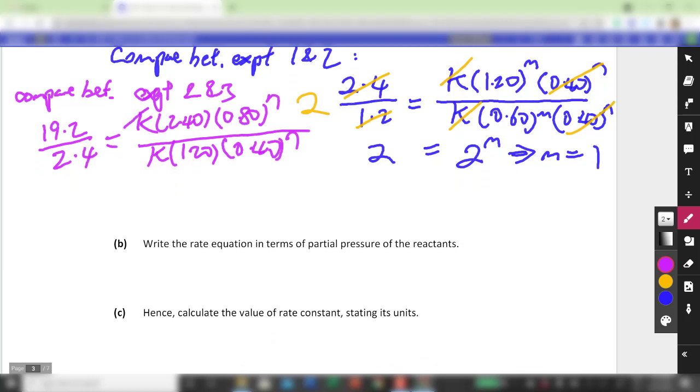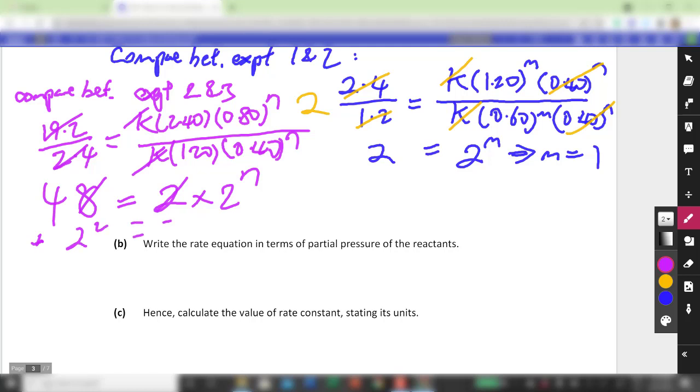If you do a quick cancellation, you get 8 here, which equals 2 multiplied by 2 to the power n. So you cancel, this is 4, which equals 2 squared, and this is 2 to the power n. So therefore, n is equal to 2.